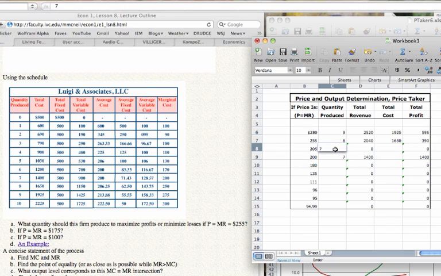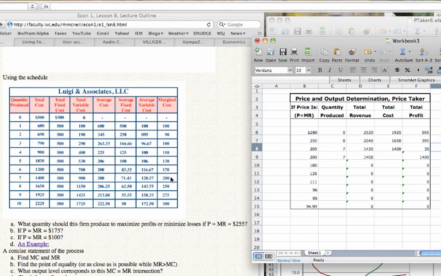There's total revenue. And the total cost is $1,400, so $1,400, and the total profit is equal to $35. That's economic profit. Now, what if the price goes to $200 exactly?